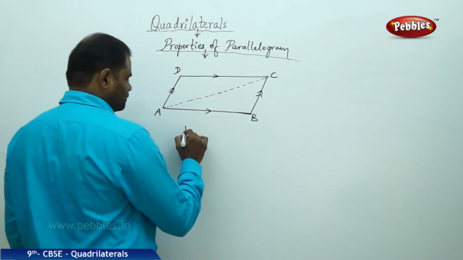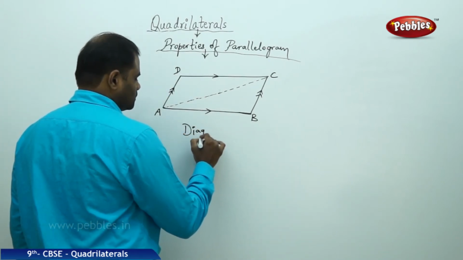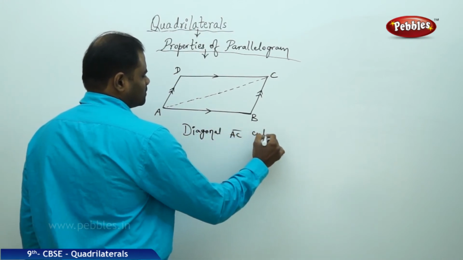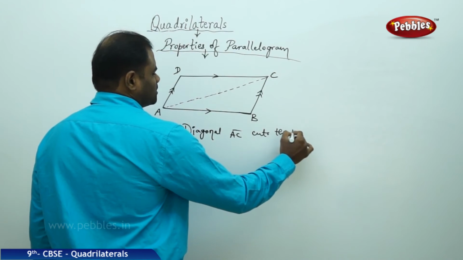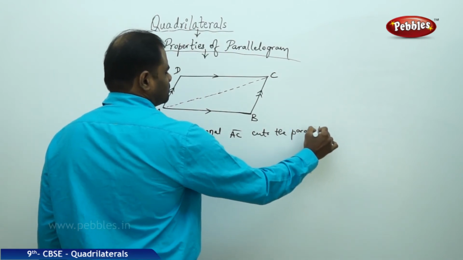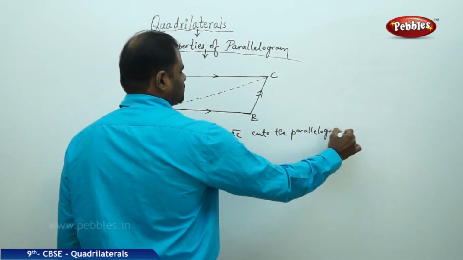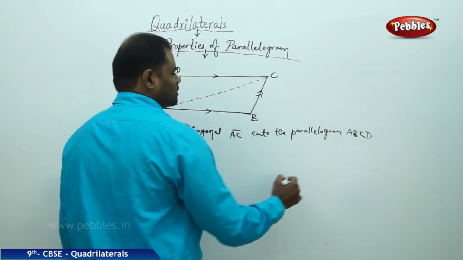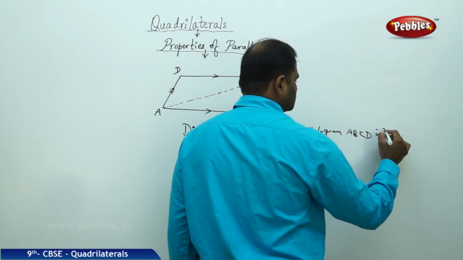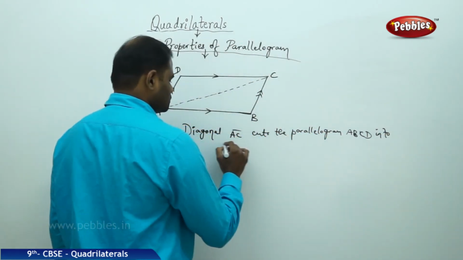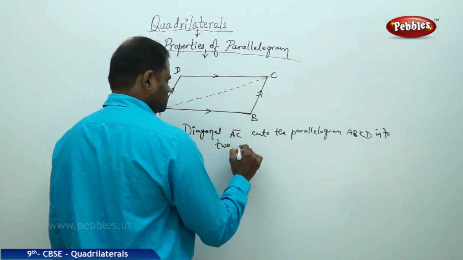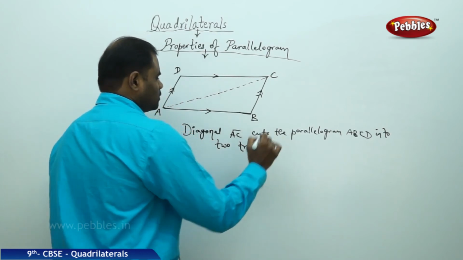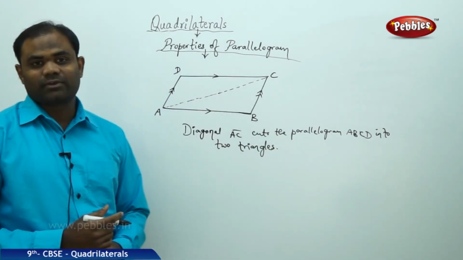So here diagonal AC cuts the parallelogram ABCD into two triangles.